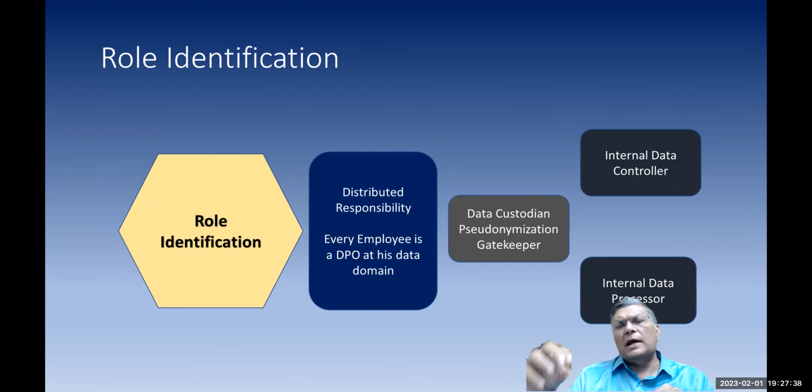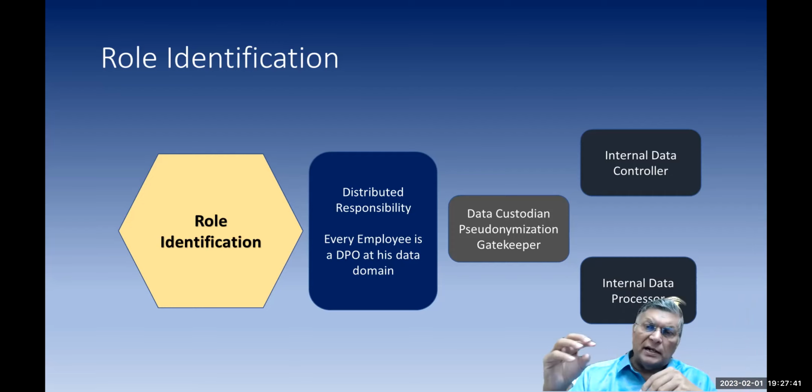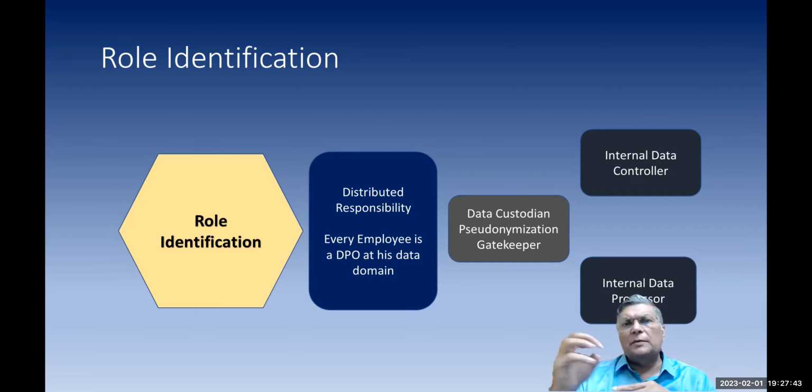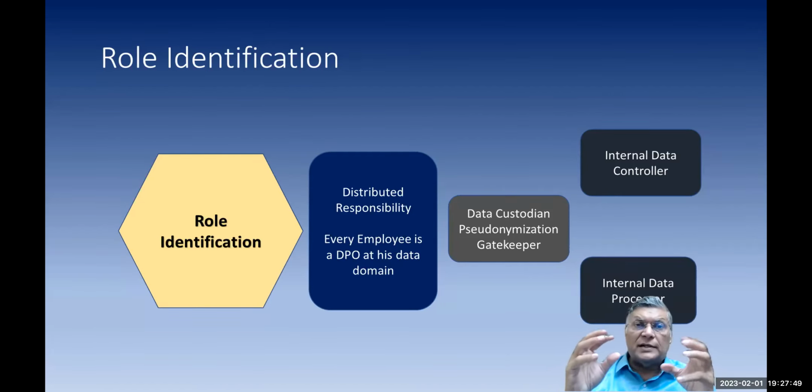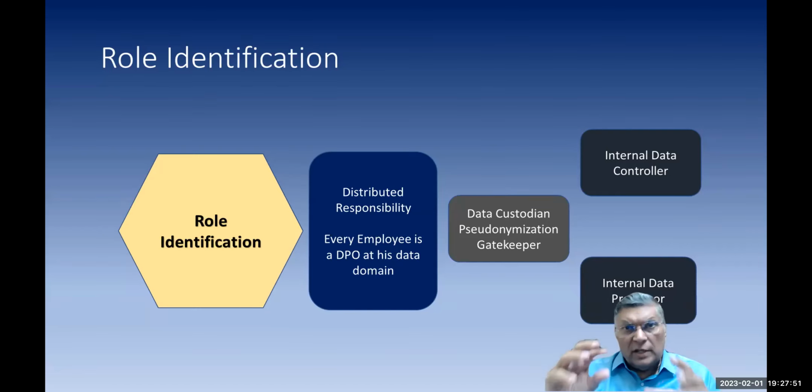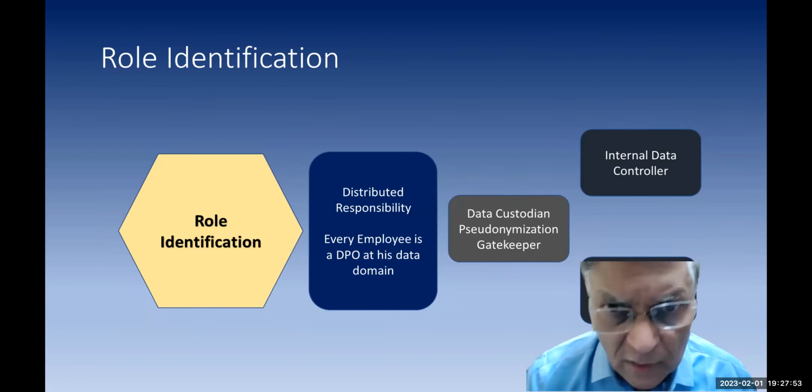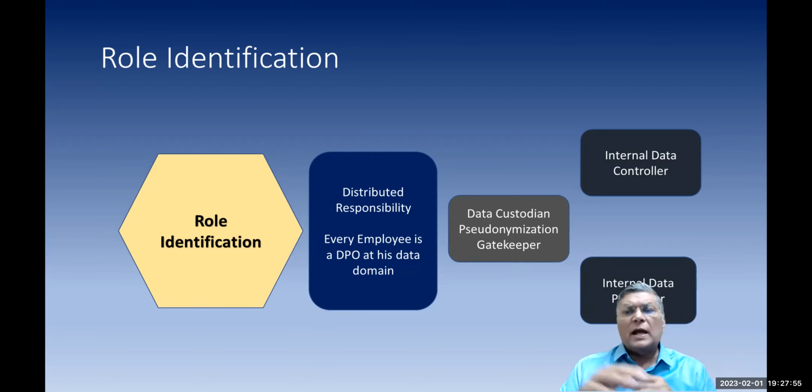Now, even otherwise, if you look at the process, I have suggested that we need to identify internally the roles as internal data controller and internal data processor. What I meant by this is that internal data controller is the person who actually determines the means and purpose of processing within the organization. And internal data processor is a person within the organization who just carries out the processing.